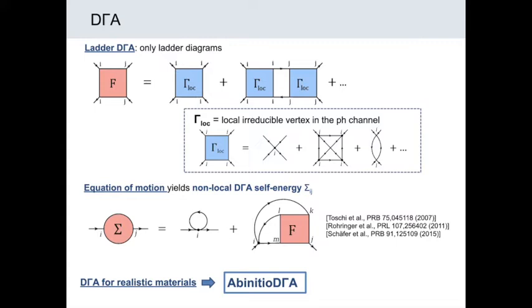And as you can imagine, this is not a very straightforward, not very simple task, because these vertex functions are very large objects, especially for multiple orbitals. When you have multiple orbitals, then in addition to 3 frequency and 3 momentum indices, you have 4 orbital indices. So 2 on the left side of the vertex and 2 on the right side.